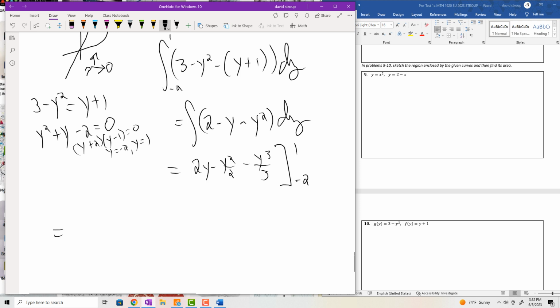And we get 2 times 1 is 2, 2 minus 1/2 minus 1/3, minus, plugging in negative 2 now, negative 4, minus 4 over 2 is 2, then a plus 8/3. Looks like the same answer as before.